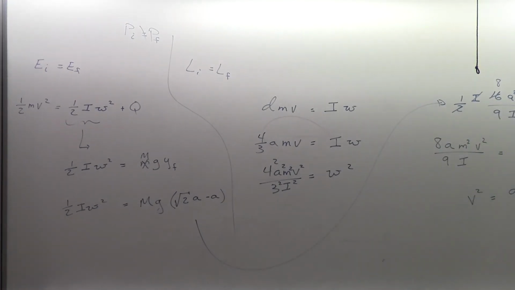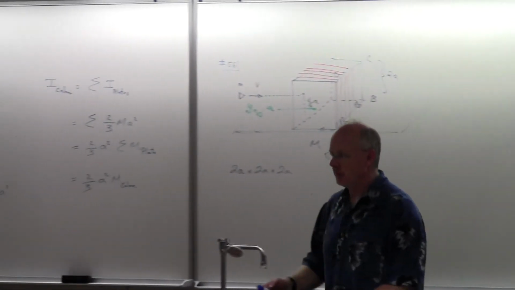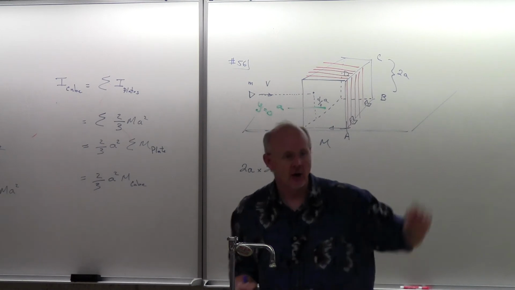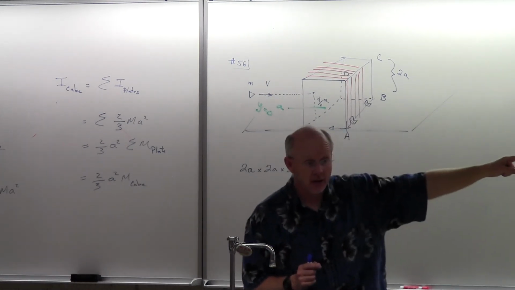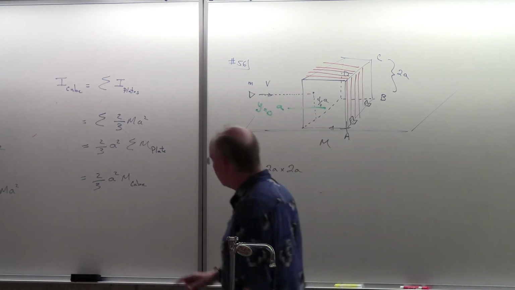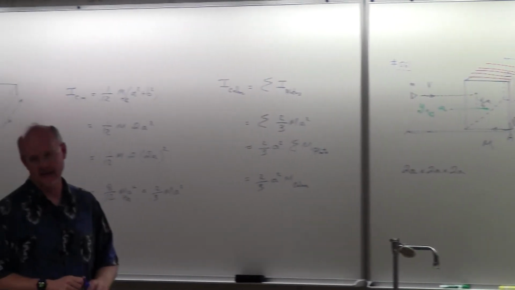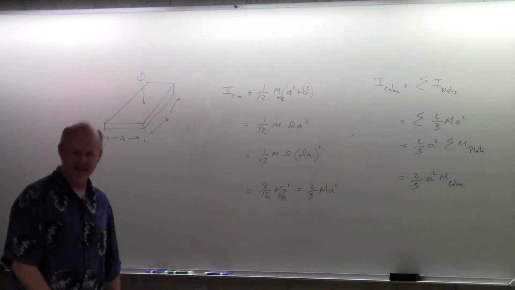I'm not done. What have I just solved for? After all this work, getting the moment of inertia. I got the moment of inertia of a cube about its center. What do I want? About the axis AB. All right, let's keep going. How do I get it around the axis AB? Parallel axis theorem, right.